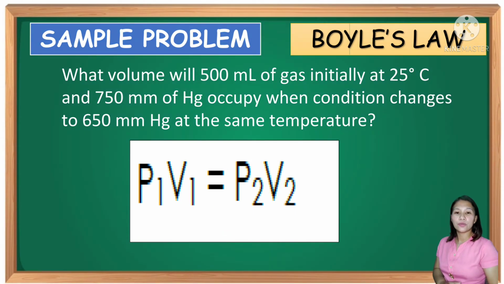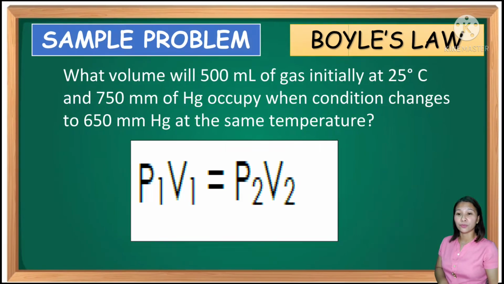Now, let's use a formula. So the formula of Boyle's Law is P sub 1 times V sub 1 is equal to P sub 2 times V sub 2. How can we derive a formula for us to know the value of V sub 2 or the final volume?